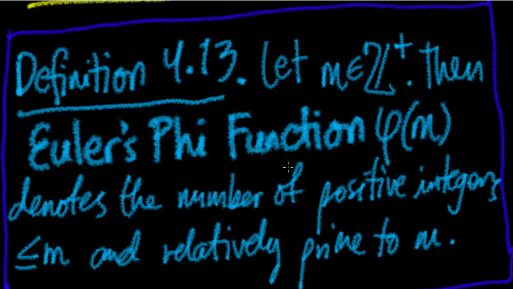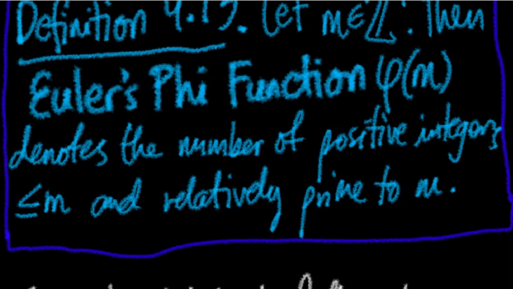So again, this Euler function gives us the number of positive integers less than or equal to m, which are also relatively prime to m.